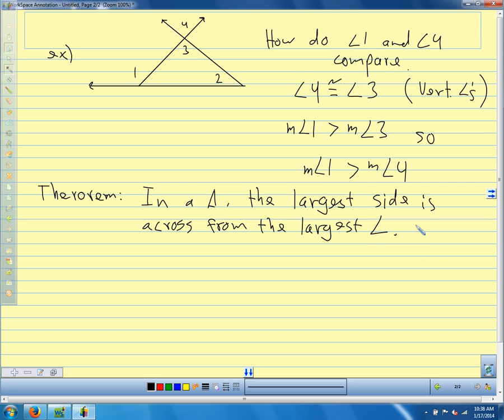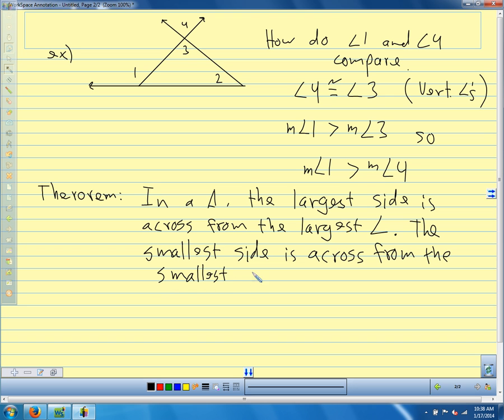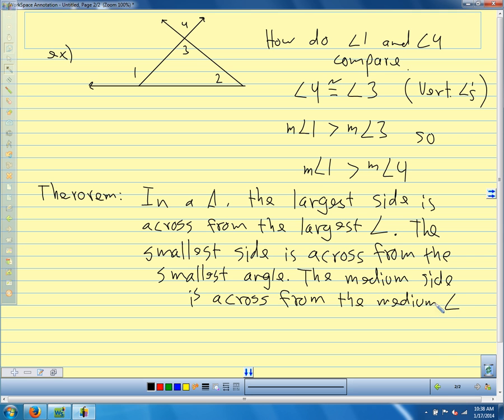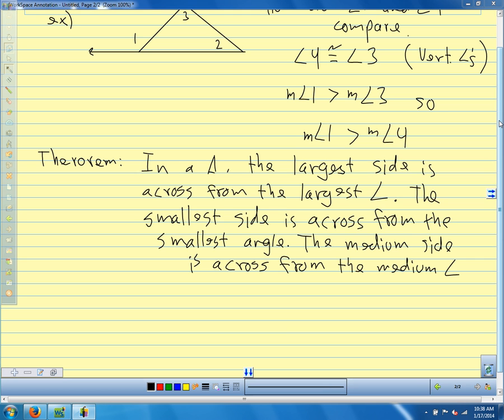The smallest side is across from the smallest angle. And the medium side is across from the medium angle.